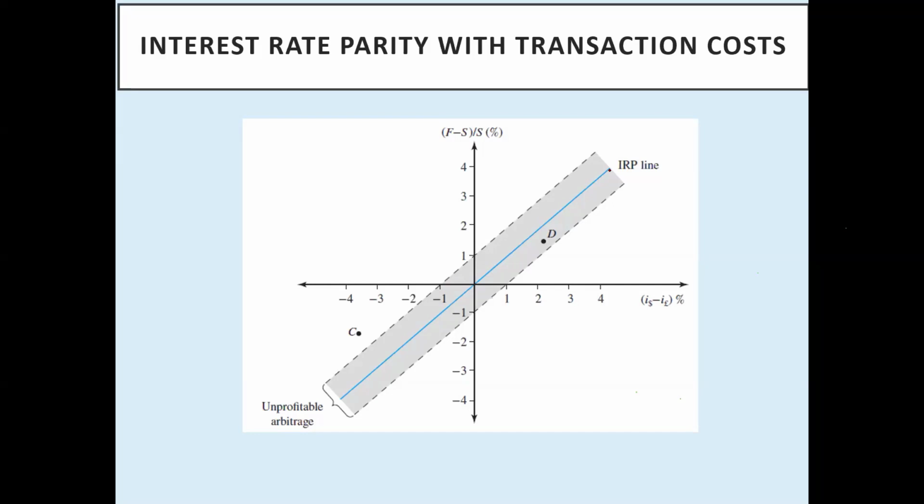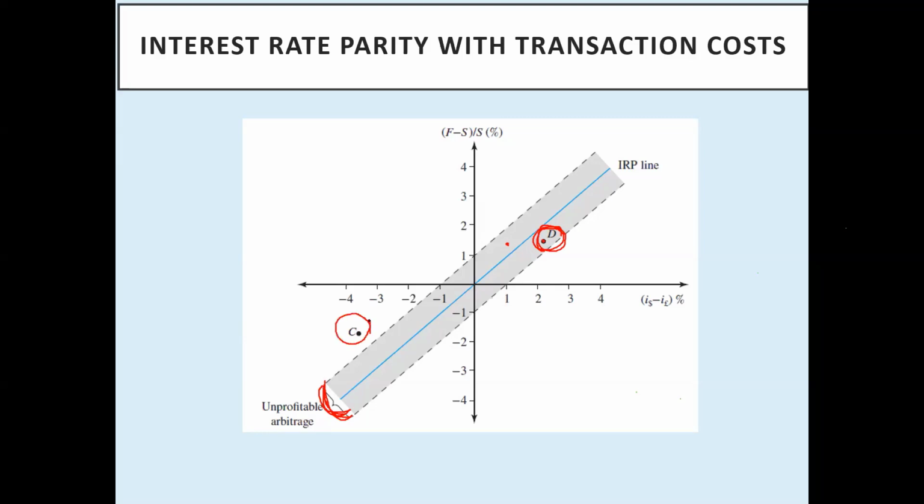So if I modify the IRP line from just a line to a range, I can determine that within this range, because of transaction costs and so on, these issues make the IRP not hold, but this is not a profitable arbitrage condition. So when you are on this point here, even though it's not at the IRP level, you cannot arbitrage this away because of transaction costs, and it will just stay here. So there will be no further adjustment.